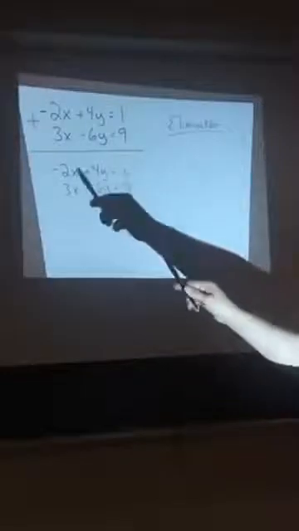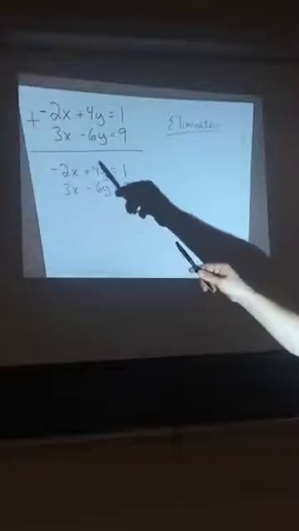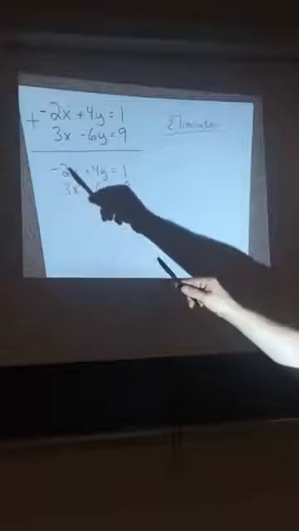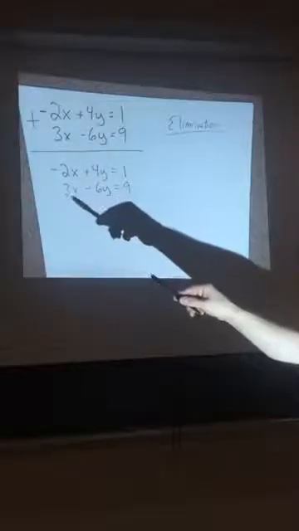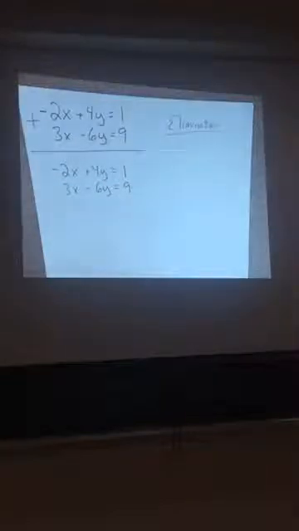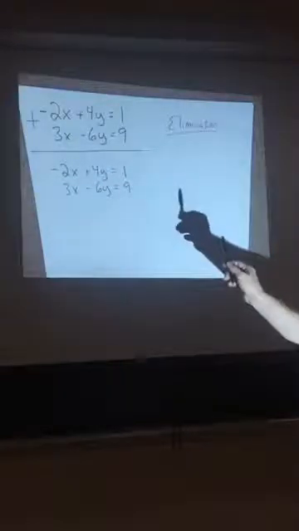So, think, is there anything we can multiply this row by that would make this and this cancel, or this and this cancel? So our goal is we'd like to make this become maybe a negative 3 to cancel that out, or make this become a positive 6 to cancel that out. And it's not going to happen. So we're going to have to do something to both rows.